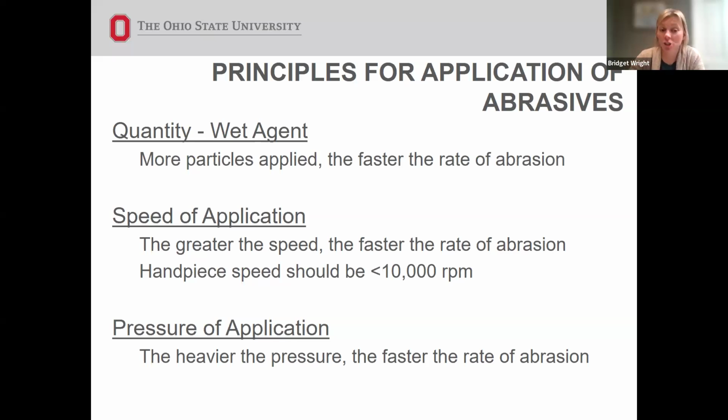The pressure of the application is also a factor. If you're pushing really hard with that sandpaper, you're going to increase the abrasiveness. You're going to wear away or smooth that wood faster than if you were applying less pressure. The same is true with our polishing pastes.